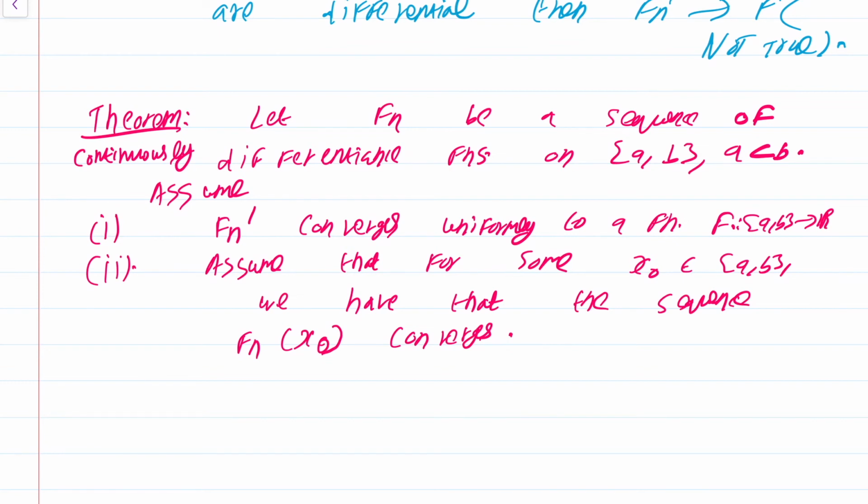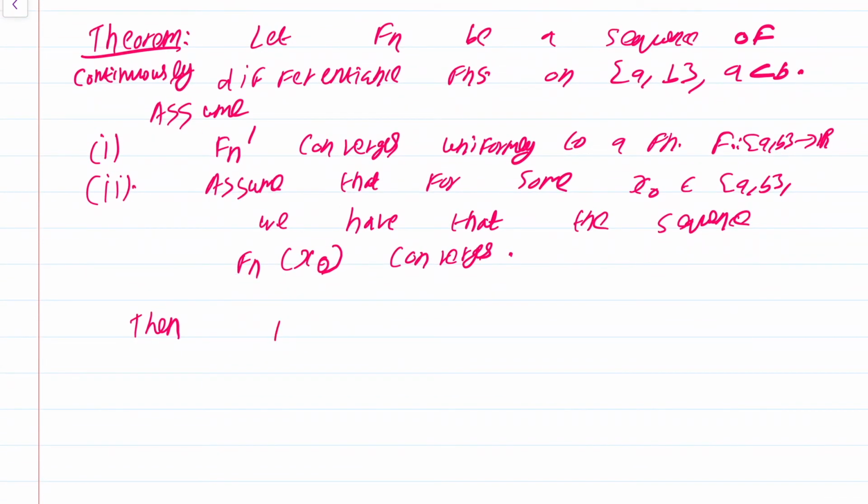Then the grand conclusion is that f_n converges uniformly to a function, so if you don't mind, let me just change this to g. This is not such a big deal, but I like to be nice when it comes to notation.